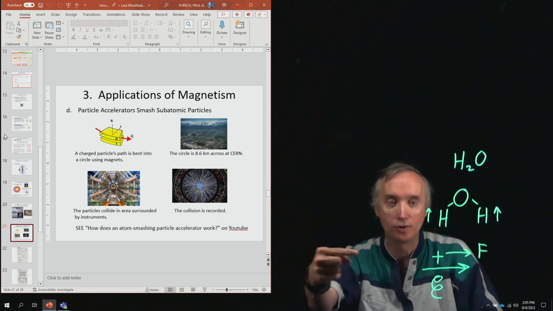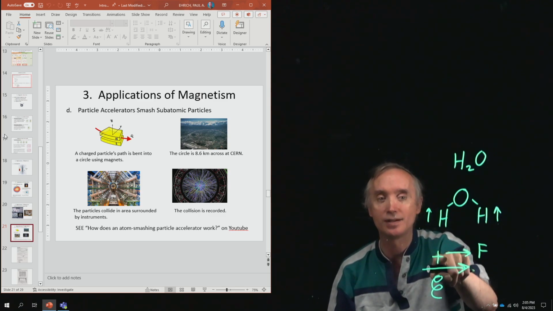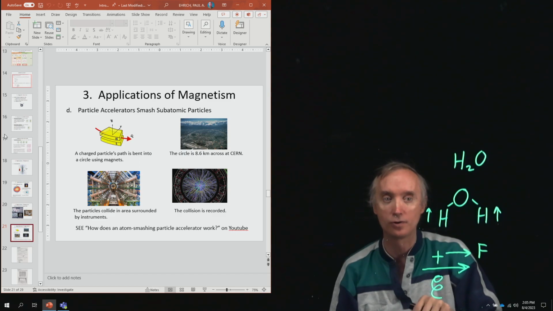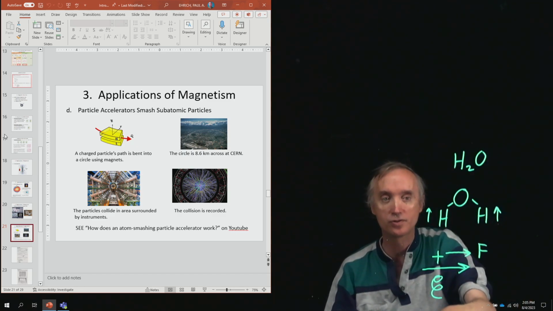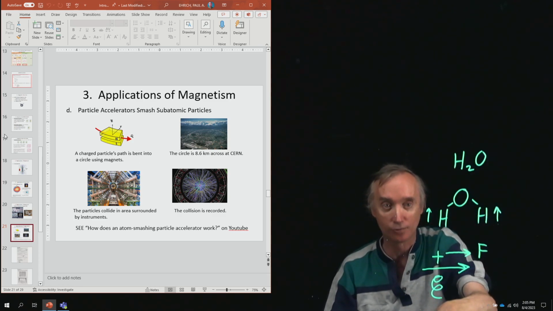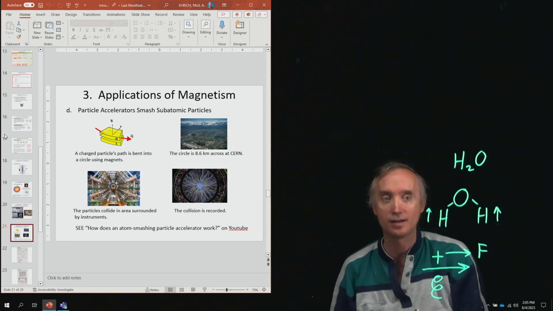So the force points in the same direction as the electric field. That means it accelerates. A force makes things accelerate, see? So the force of gravity makes this thing accelerate, so that it's called a particle accelerator.